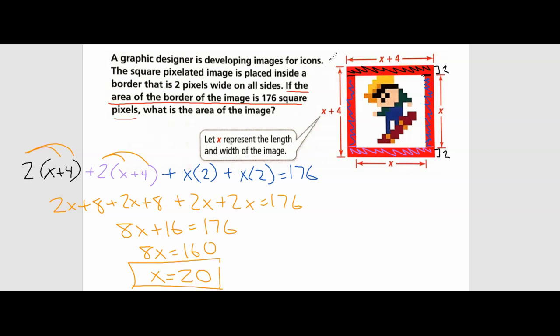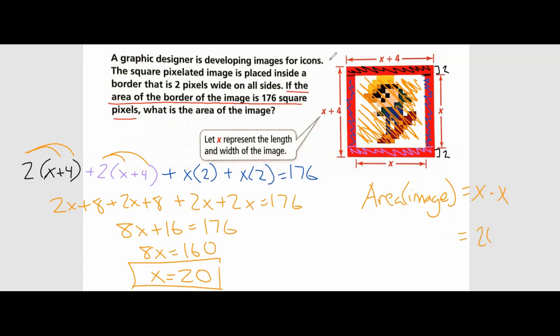And now I need to figure out the area of the image. So this area that I'm shading in orange right now. Well, the area of the image is just x times x, right? We can see that from the diagram. So area of the image is equal to x times x.